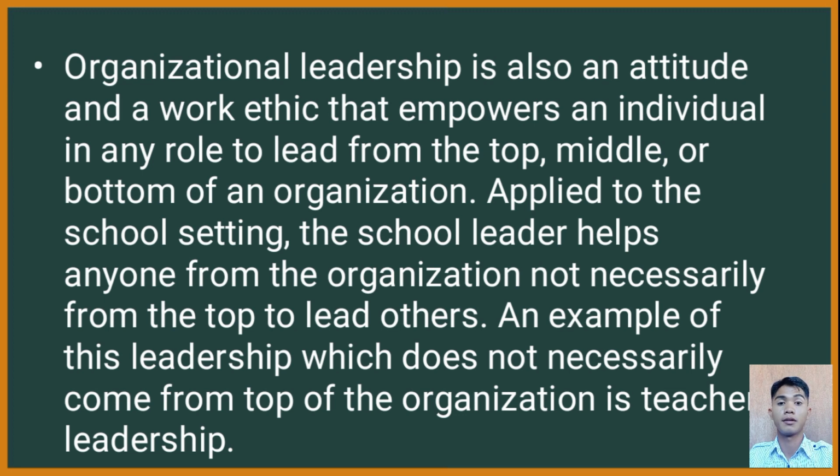So, being a leader of an organization is also an attitude and a work ethic, because as a leader of an organization, you should be engaged with each and every members of your organizations from the bottom up to the top. And it also shows that you're ethical, because you consider every members of the organizations without taking sides, especially from the higher ups of organizations.